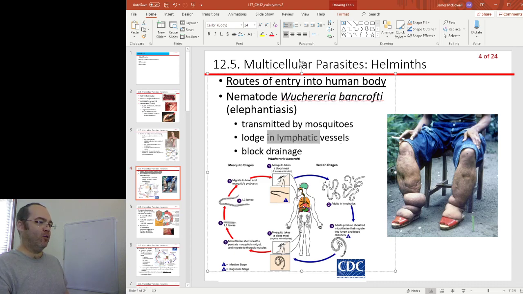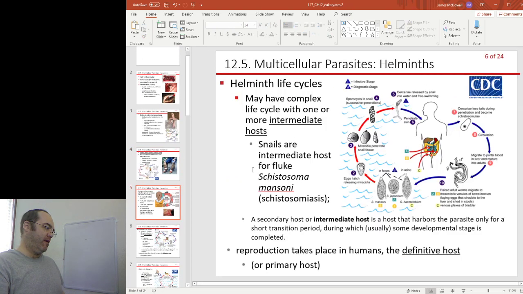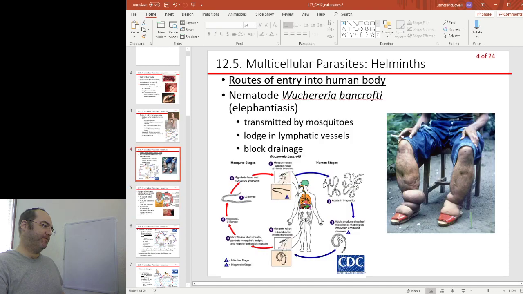As these worms lodge in these lymphatic vessels, they block them up, and that means that the tissues can't drain. And all you see here is just the accumulation and the swelling of tissues as this reclamation system of the lymphatic vessels is blocked. So mosquitoes, very important.